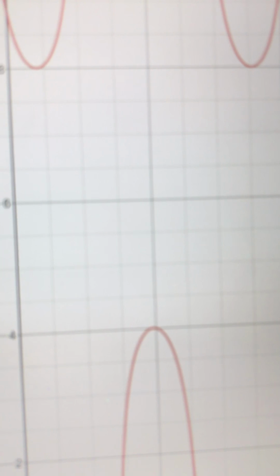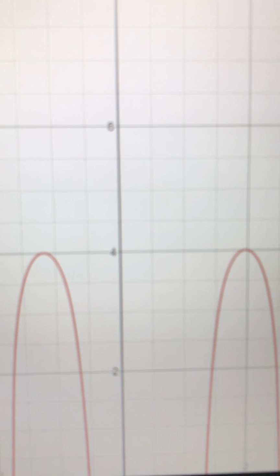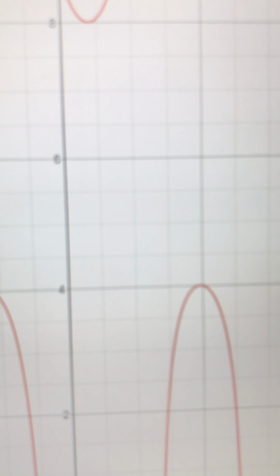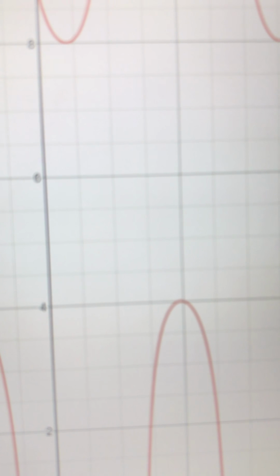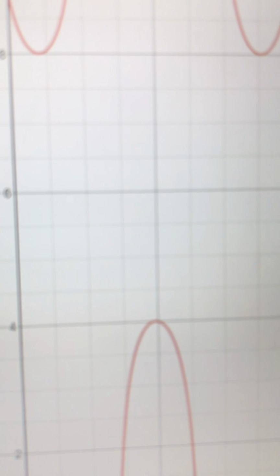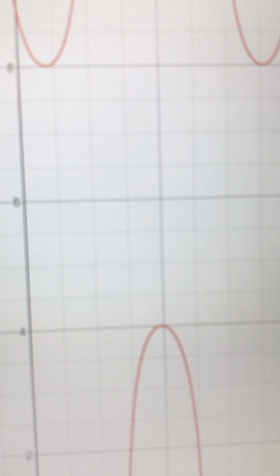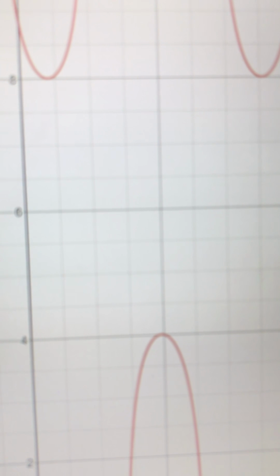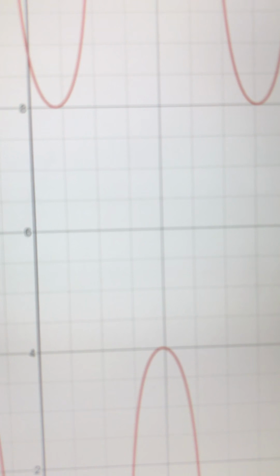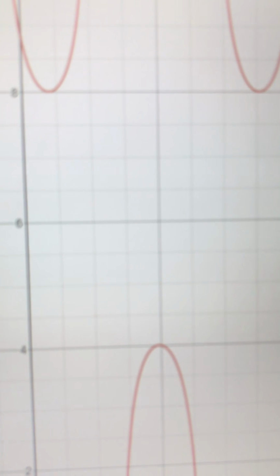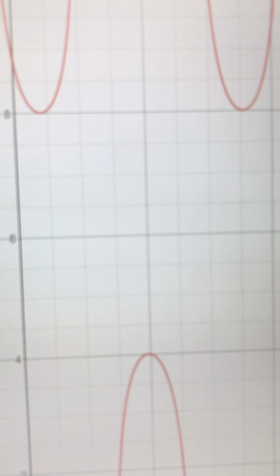And the minimum is at pi over 8 plus pi k, so that's what this point is. It's actually at pi over 8, comma 4. And we have the plus pi k there because of the repeated ones. There are many of those, so they keep on going forever.